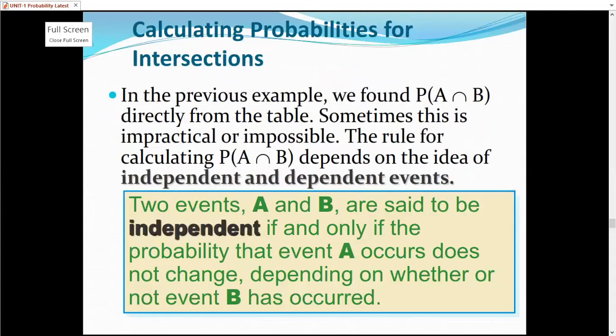Now, independent events and dependent events. Two events A and B are said to be independent if and only if the probability that event A occurs does not change depending on whether or not the event B has occurred.